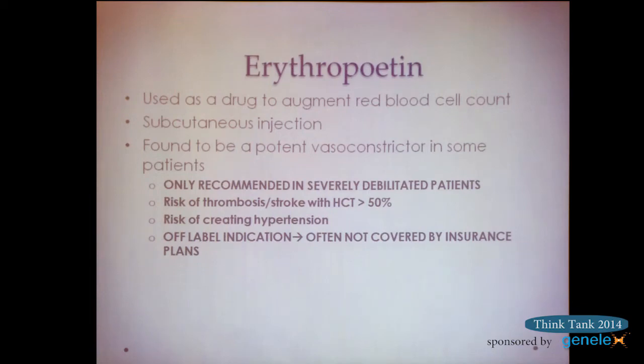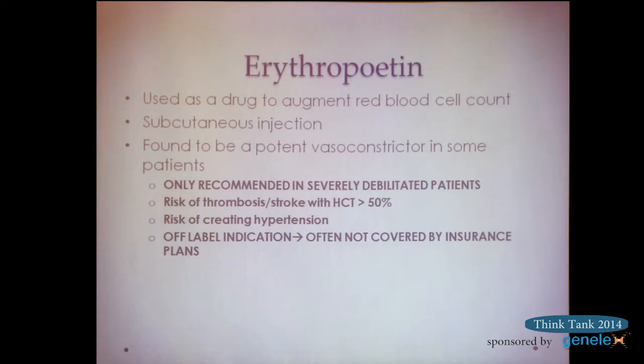Again, it's a subcutaneously injected drug, and it has been found, incidentally, to be a potent vasoconstrictor in some patients, because of some associated hypertension that they found in chronic renal disease where they were treating the patient's anemia, and they acutely became more hypertensive unrelated to their renal problems. We really only recommend this in severely debilitated patients because it is off-label and not covered by insurance plans. It's really an act of desperation.